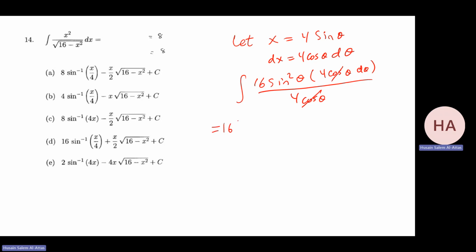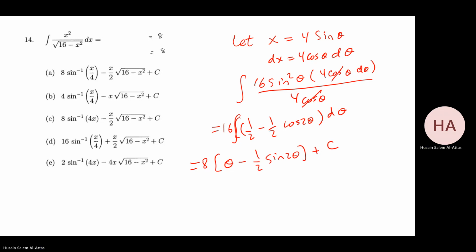So I have 16 times the integral of half minus half cosine 2 theta d theta. That will be 16, take the half, that will be 8 theta minus half sine 2 theta plus c.